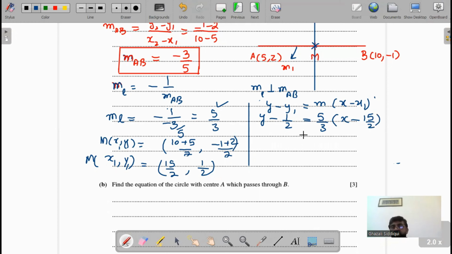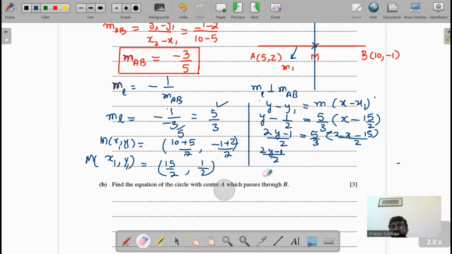We can write it as (2y - 1)/2 equals 5/3 times (2x - 15)/2.